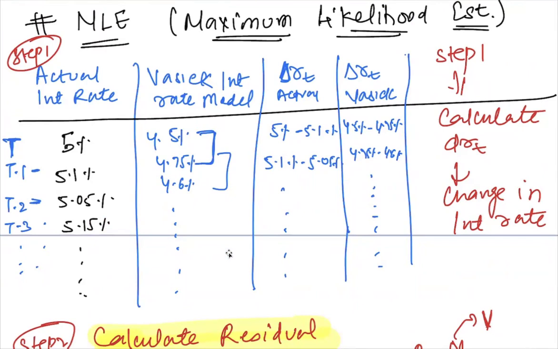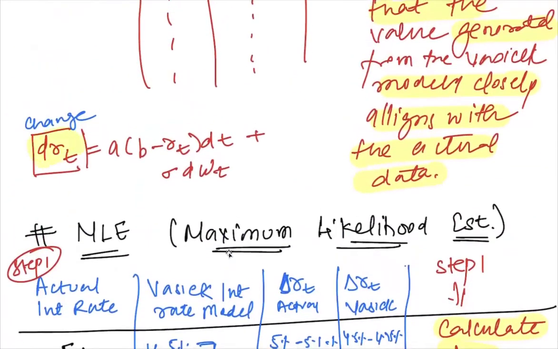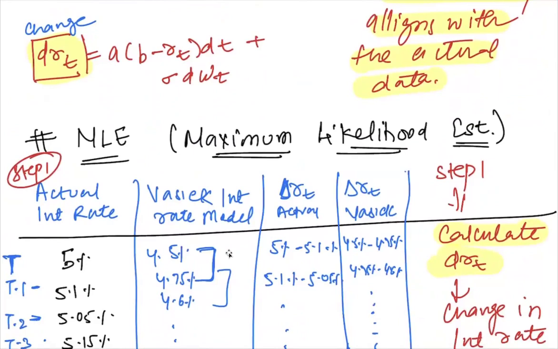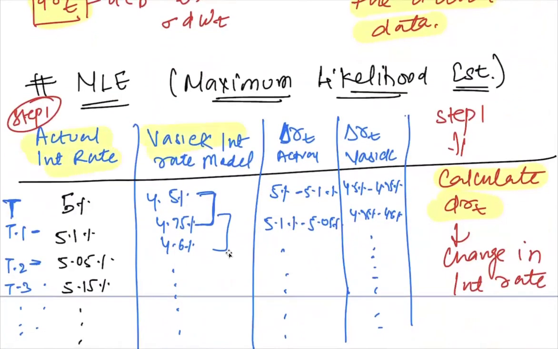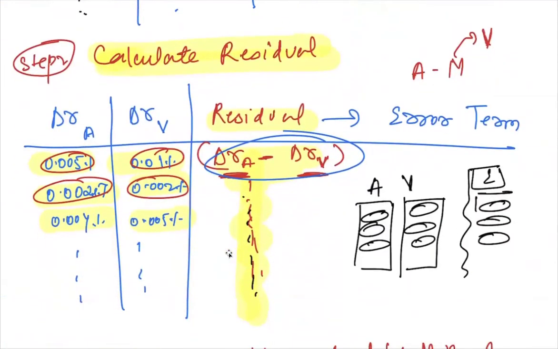First step is calculate change in rt, because what are we trying to model using the Vasicek interest rate equation? We are trying to model the change in interest rate. So this is very easy. First calculate the change in actual interest rate and the change in the interest rate through the Vasicek model. This is the first step.